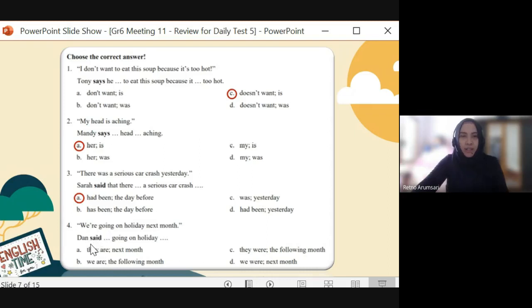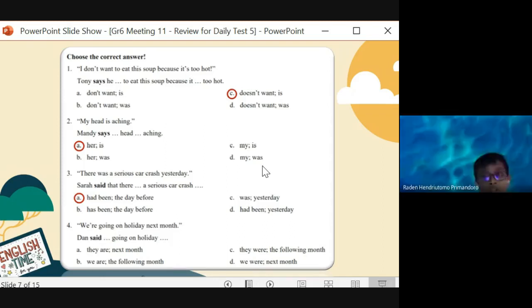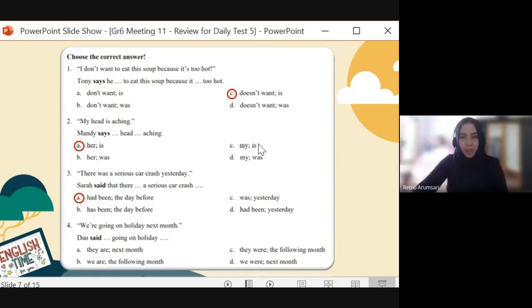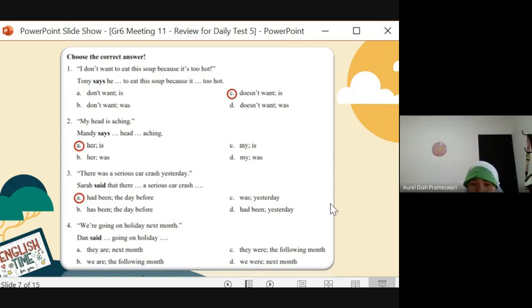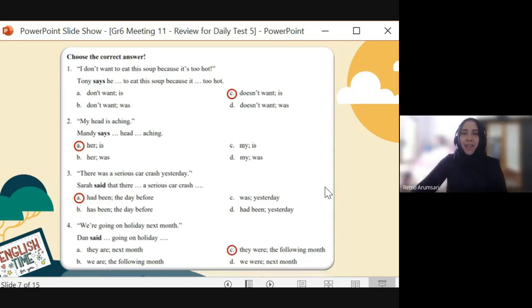And you see said here, it means that you also need to change are into were. So what is the answer, Aurel? They were going on holiday the following month. Yes, that's right. Thank you, Aurel.